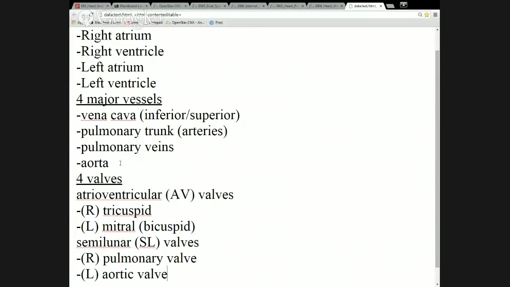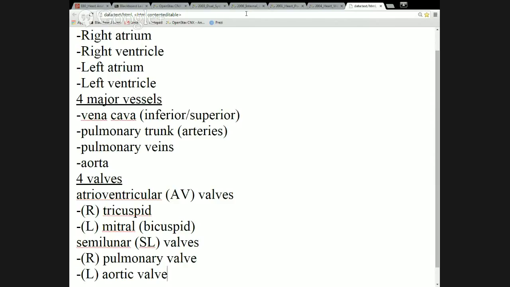Okay. So the first two lists are actually lined up in the order that blood's moving through things. For the valves, since I separated them out based on AV versus semilunar valves, it really should be tricuspid, pulmonary, mitral, aortic to follow the pathway of the blood, but I didn't set it up that way.